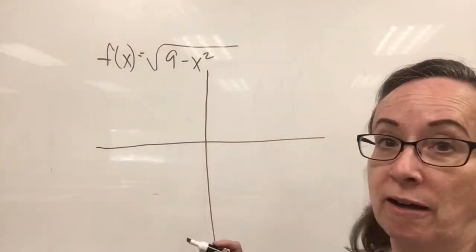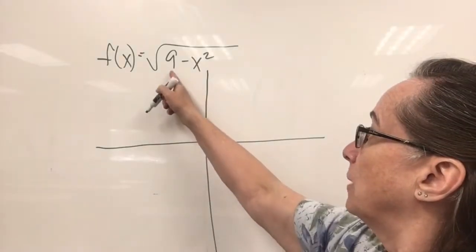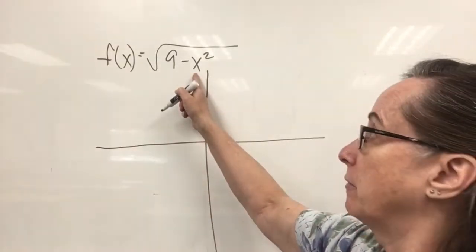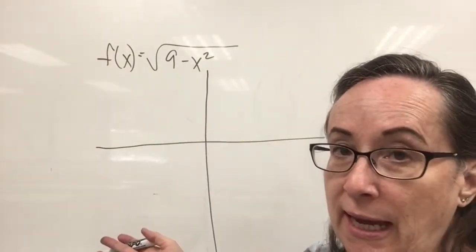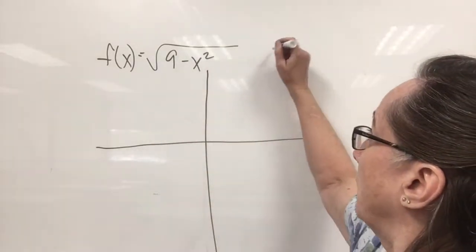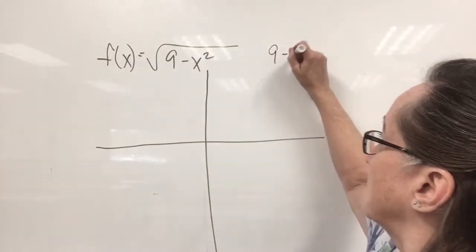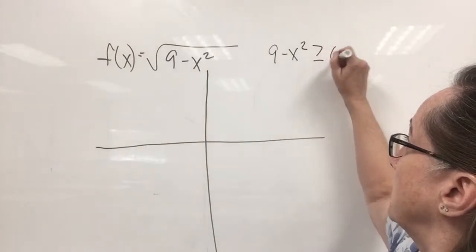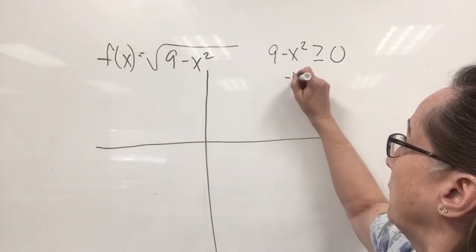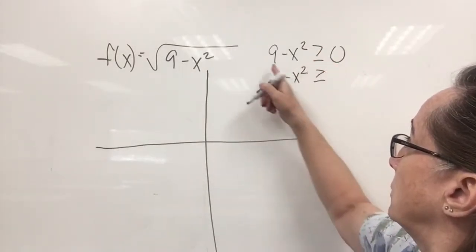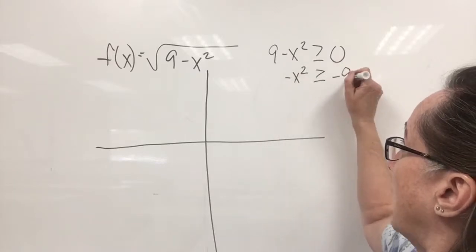Okay, so I'm going to start off with a point grid. I know that what's underneath here must be greater than or equal to 0, or I will have an imaginary function. So I'm going to say 9 minus x squared must be greater than or equal to 0, which means that negative x squared must be greater than or equal to negative 9, subtracting 9 from both sides.